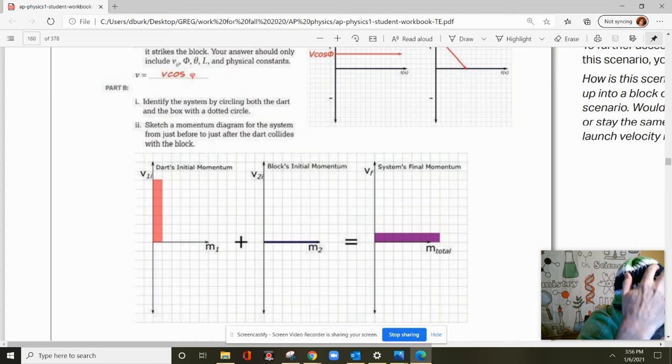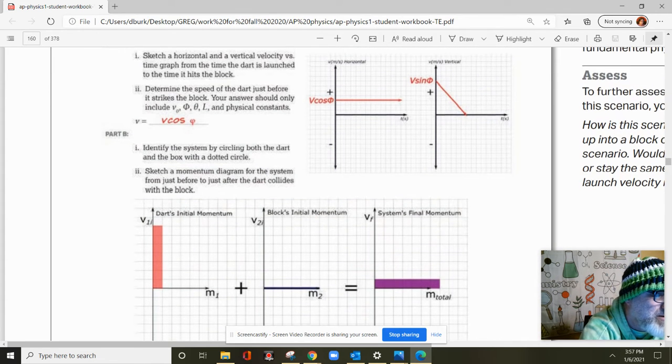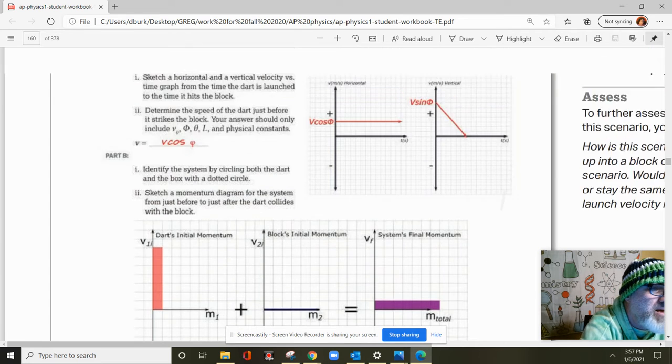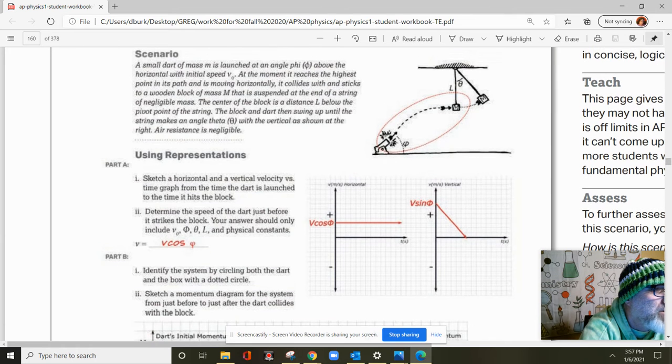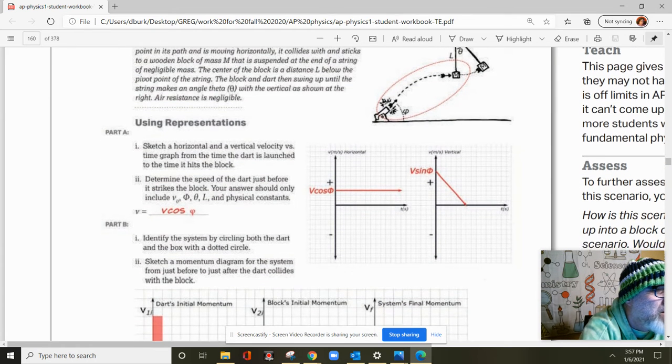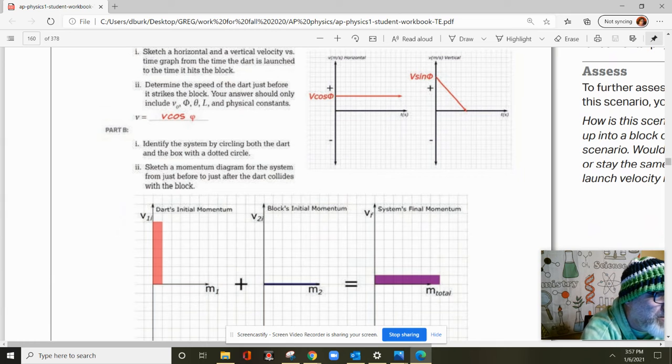And the block's initial momentum is nothing because it's just hanging there. So it's got a mass of whatever it has. It doesn't really say the relationship between the masses, but it's got more mass than the dart, obviously. So they decided it was 6 times bigger for their graph.